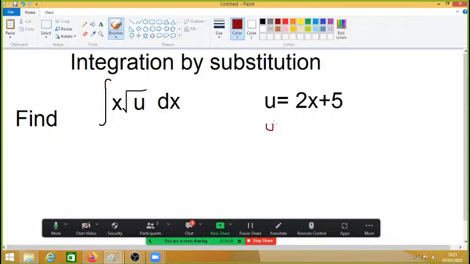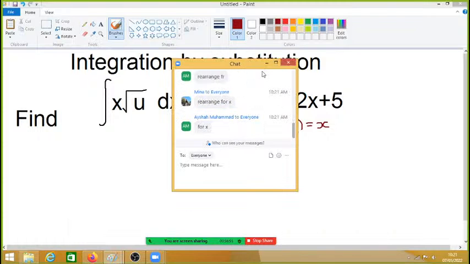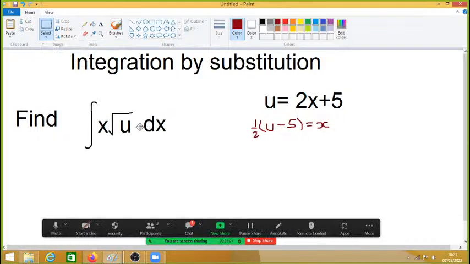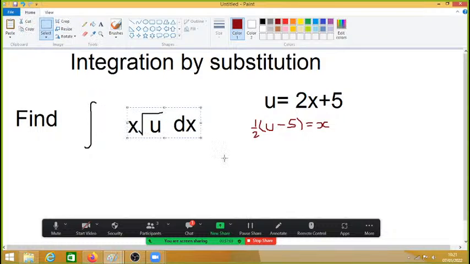If I rearrange that substitution, I'll get a half u minus 5 is equal to x. Then what do I do with that? Good, we can substitute that for the x. So we'll start to have everything reading with u's instead of x's.